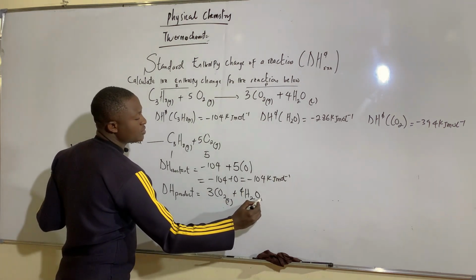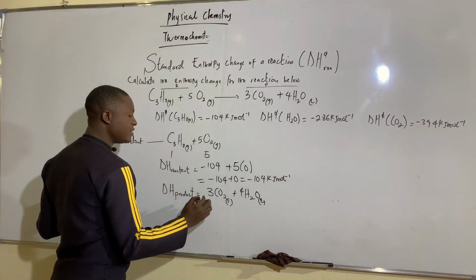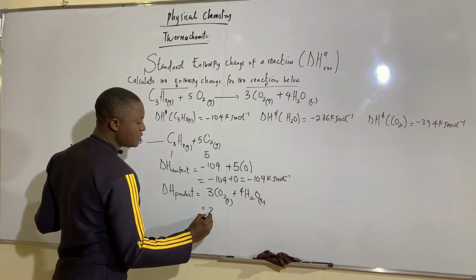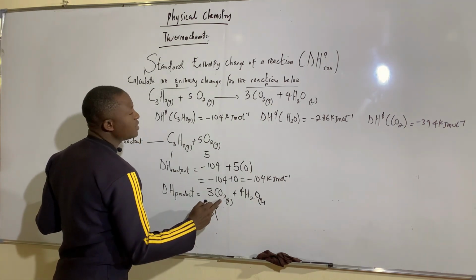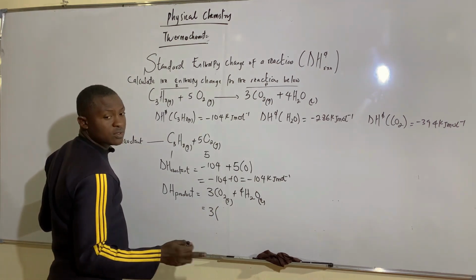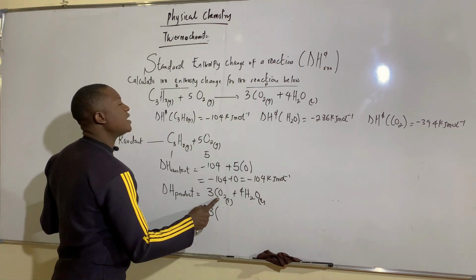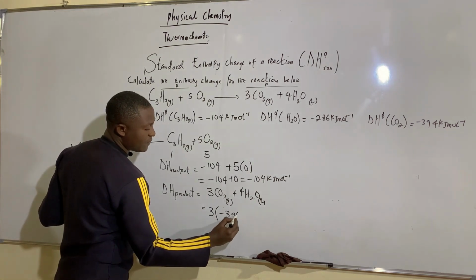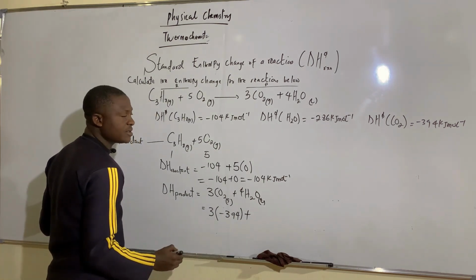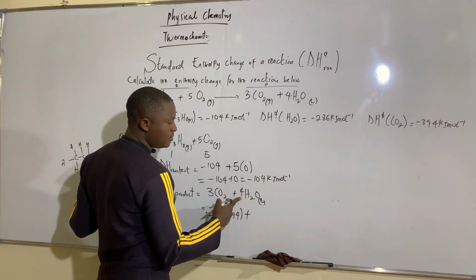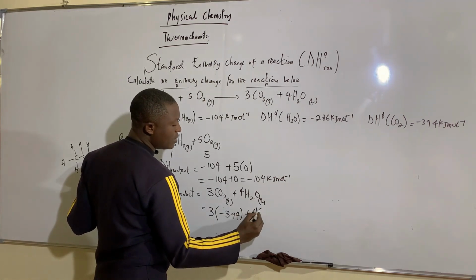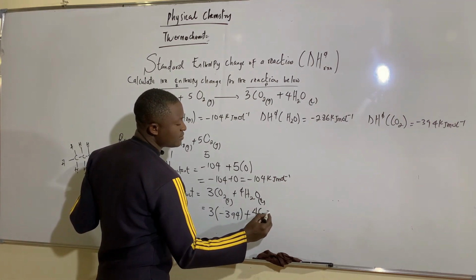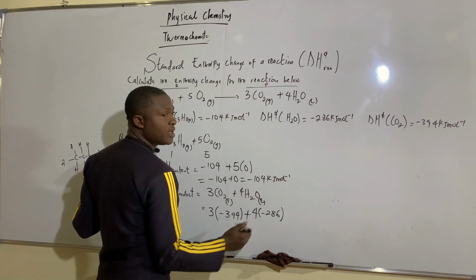I will go the same way. What we have here is 3, so that's 3 bracket carbon dioxide, which is minus 394, plus 4 bracket H2O, which is minus 286. Can you see the 4 beside the water?